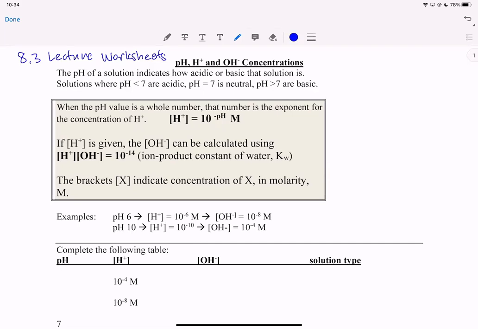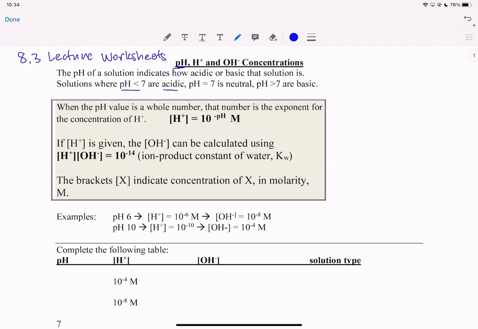So the idea of pH is it will tell you quickly, the pH value will tell you quickly if a solution is an acid or a base, an acidic solution or a basic solution. And so pH less than 7 are your acids.